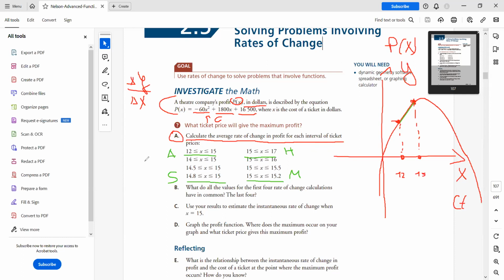Thank you. So what we're going to use for solving this problem is an average rate of change function. What is an average rate of change function? Let's say from point A to point B, you have a certain speed, right, with respect to a certain time.